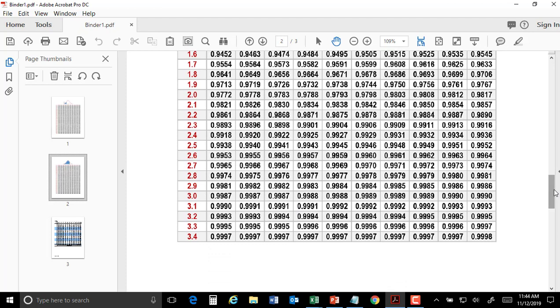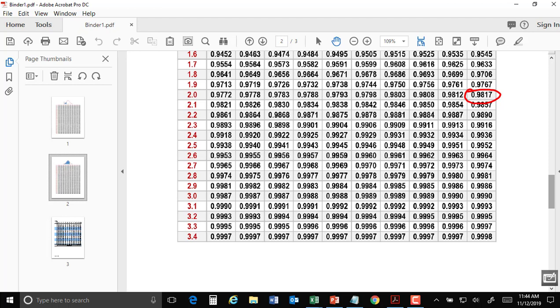So here's 2.0. Come straight across, and 2.0 straight across is right there. You see it? That's the area from that z-score back.